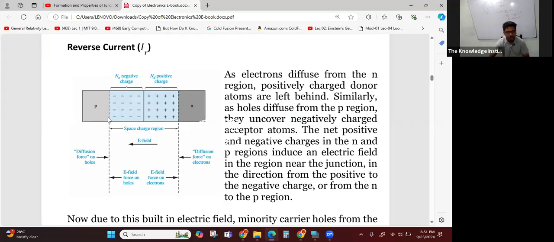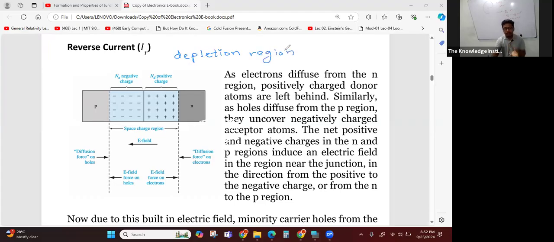There are two names: one is depleted region, and the other is depletion region.